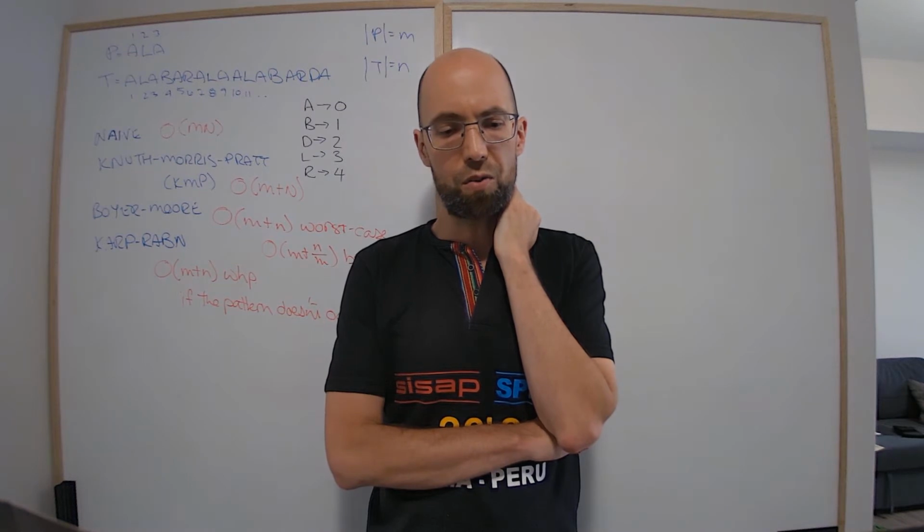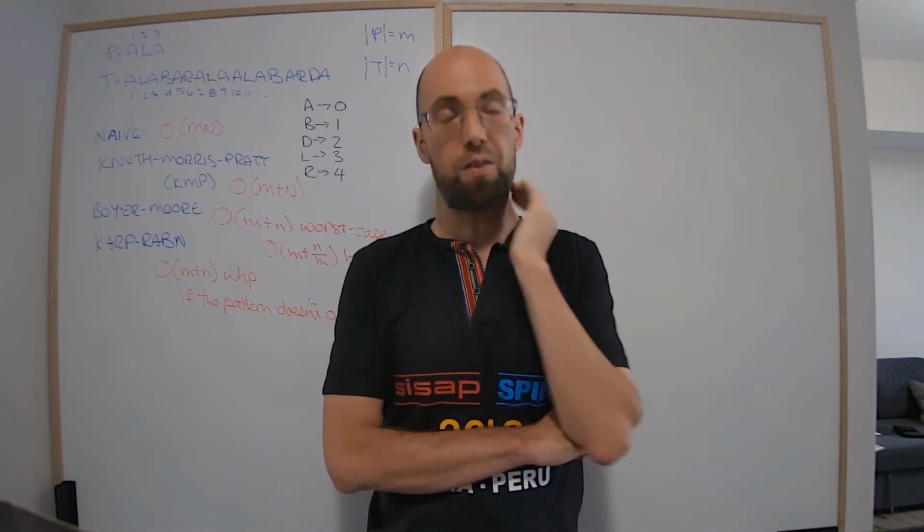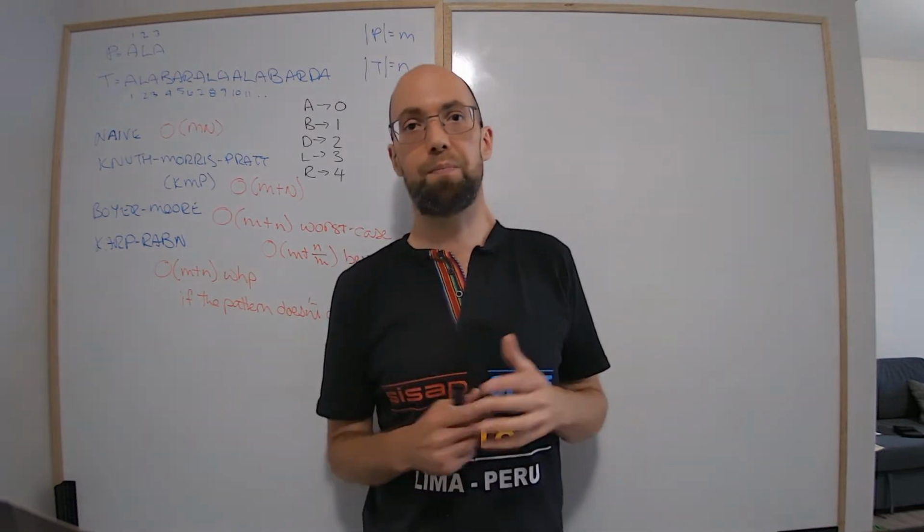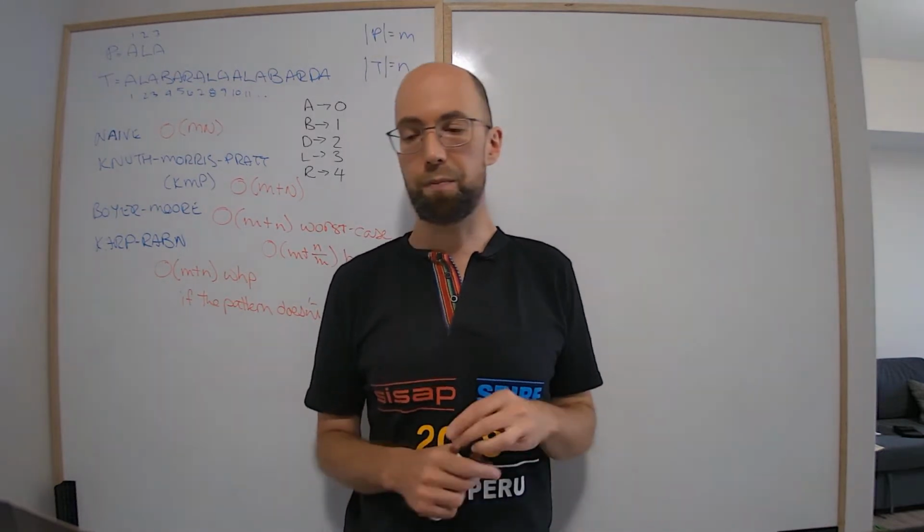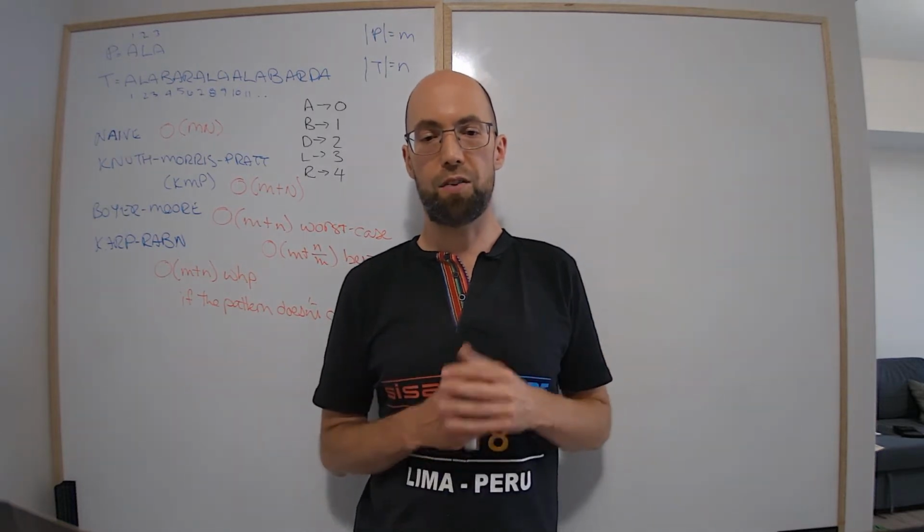I just want to say, so what can you do with Karp-Rabin? You can actually do a lot of things with Karp-Rabin, but there's this thing called multi-pattern matching, which is where you get a bunch of strings and you want to make one pass over the text.